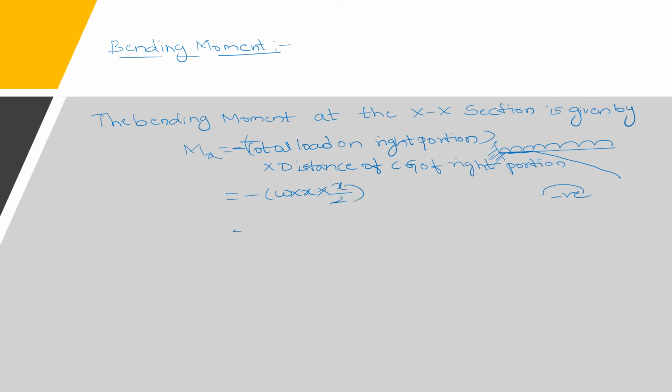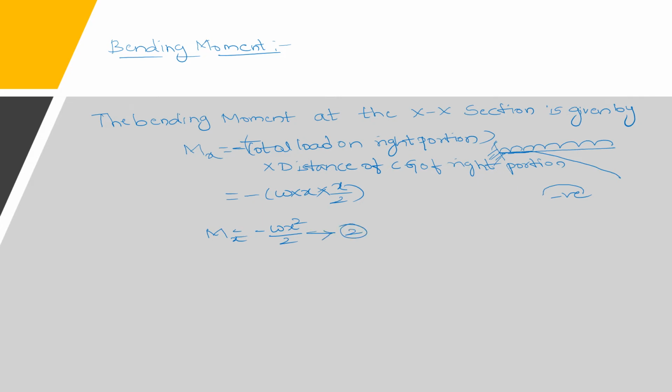So here we'll get the Mx equation as minus wx square by 2. This is Mx equation for the cantilever beam with UDL. So suppose this is assumed as equation number 1.